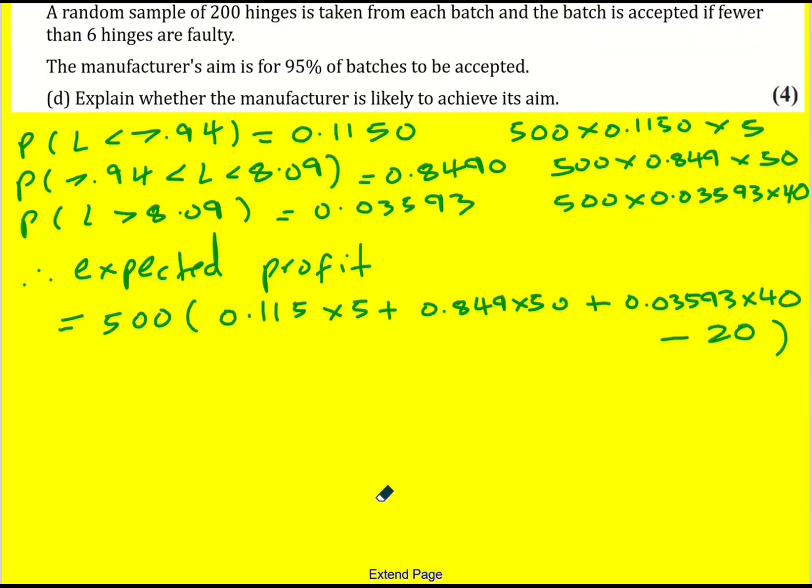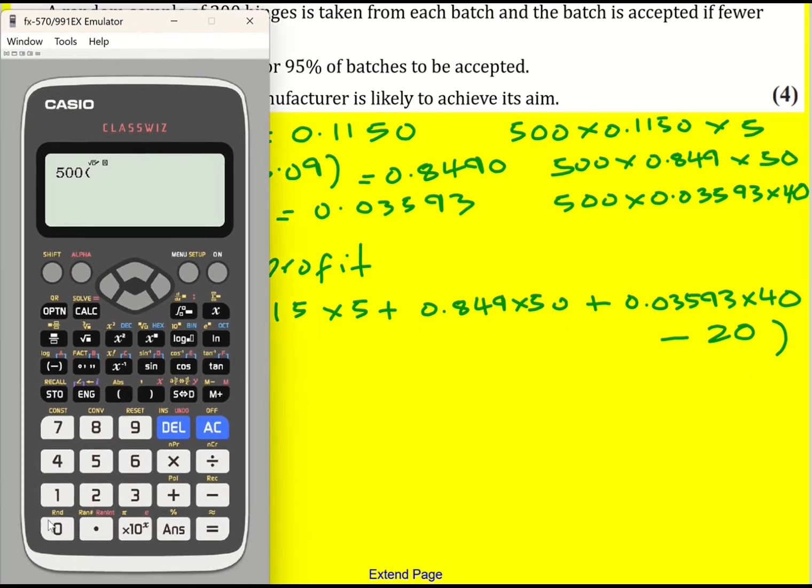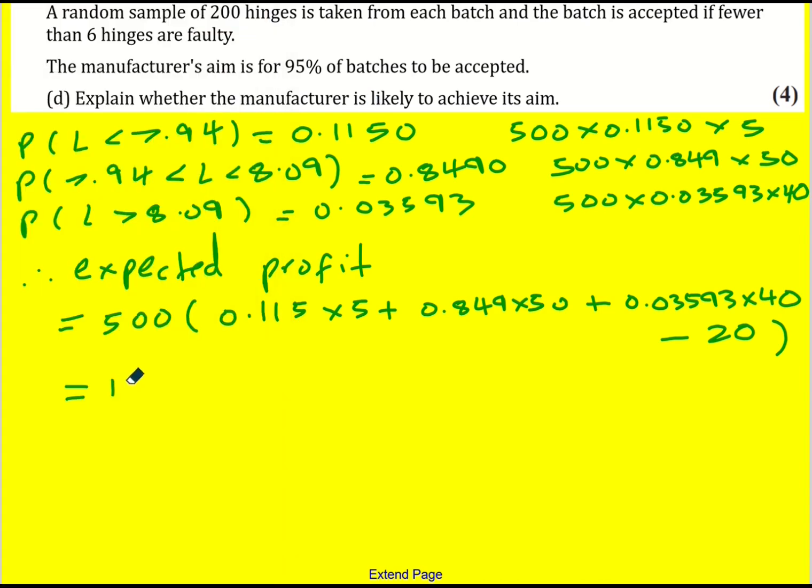Okay, if you want to do each term separately, that's absolutely fine. This gives us 12,231.1.